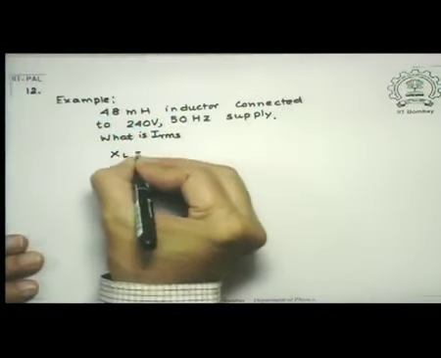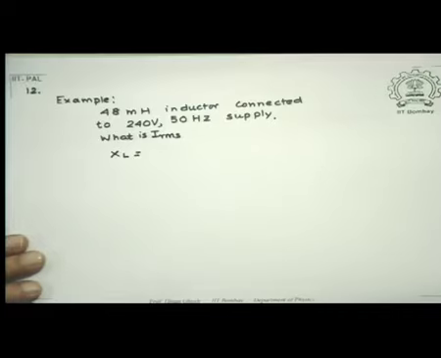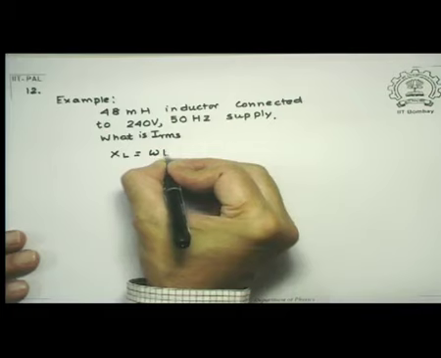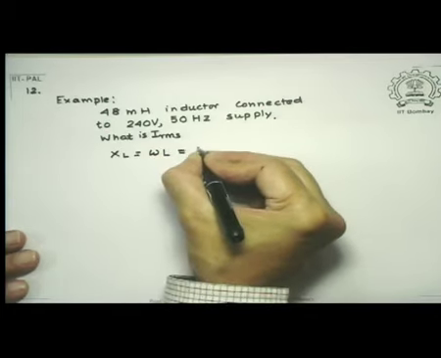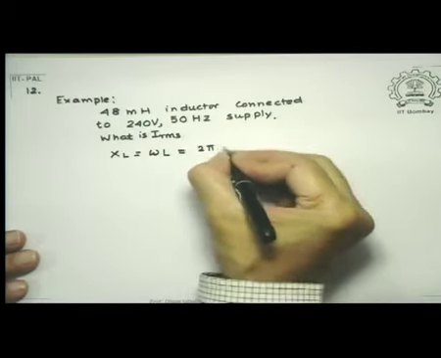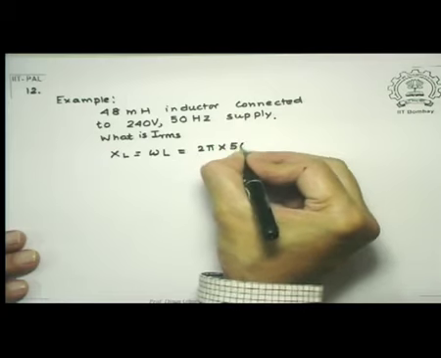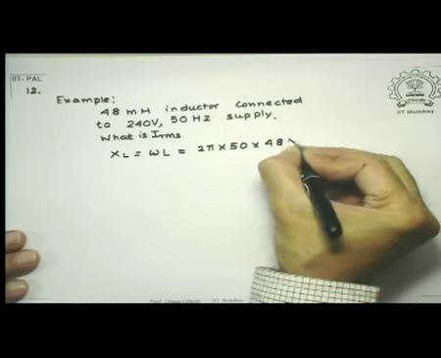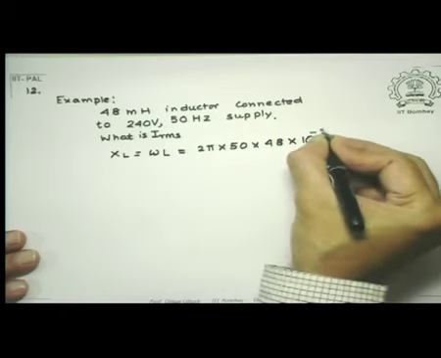So in this case, my first job is to find out my reactance. My reactance is omega times L. Omega is 2 pi nu and nu is 50 Hertz, so 2 pi into 50. The inductance is 48 millihenry, so 48 into 10 to the power minus 3.